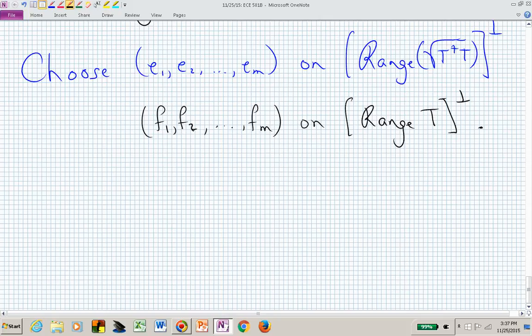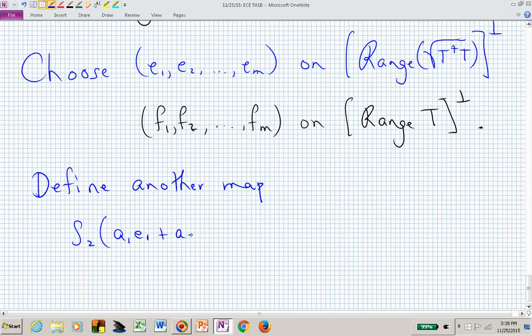Now what we want to do is actually define another map, S sub 2, that will rotate any vector created using the orthonormal basis on the range of the square root of T dagger T perp, which would be, let's say, A1 E1 plus A sub 2 E sub 2 plus A sub m E sub m.